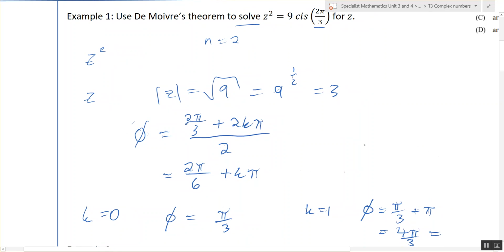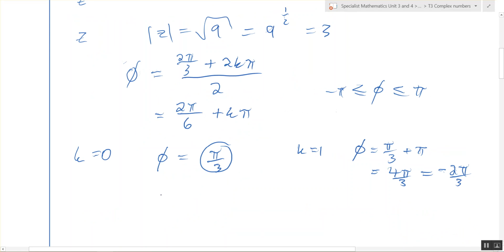We want it between negative pi and pi. Does anyone remember what that's called again? The principal argument, there it is. So the principal argument is negative. Very good. So we take this away from.